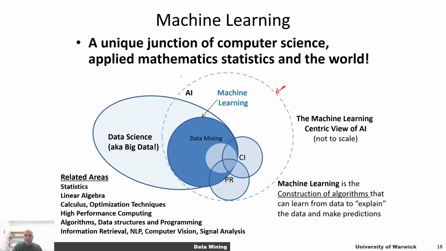So if we are learning from data to make artificial intelligence, what we are doing is machine learning. If we want to identify patterns in data to make sense of the data itself or to generate predictions, we are doing data mining. So machine learning and data mining have roughly the same objective, so they can be used quite interchangeably.